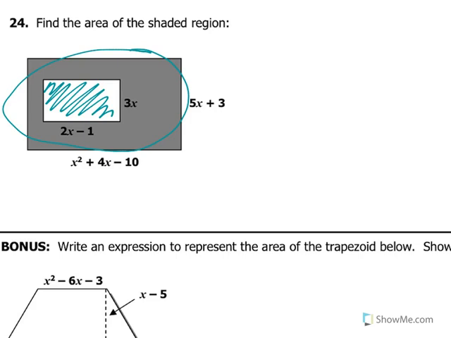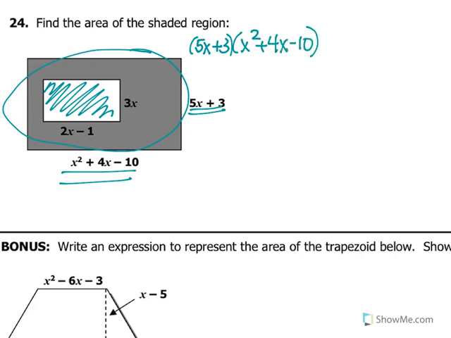So to set this up, it's going to be 5x plus 3, this binomial, multiplied by this trinomial. That's going to be the area of the big rectangle. So 5x plus 3 times x squared plus 4x minus 10. That's the area of the entire rectangle.